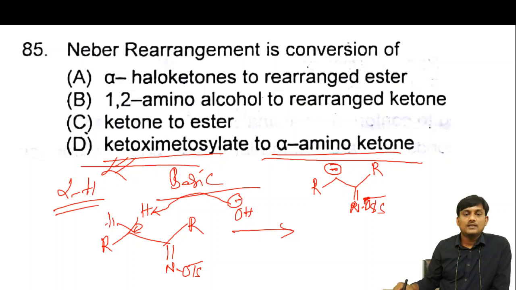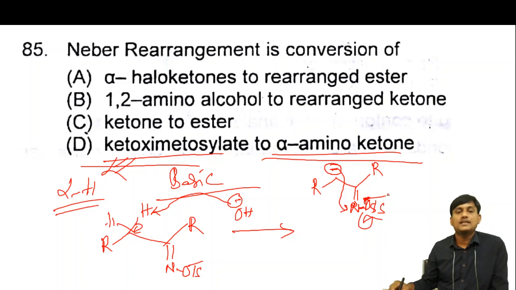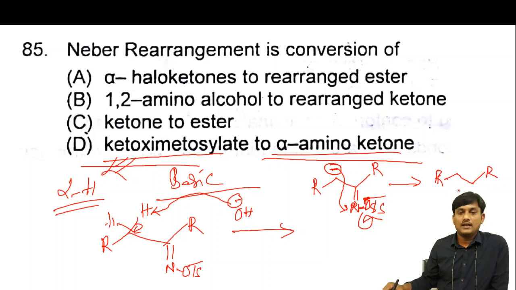Here the carbanion attacks on the nitrogen. OTS is the best leaving group, so there is a removal of OTS and a formation of a 3-member ring. So you will get R, and nitrogen with the double bond.